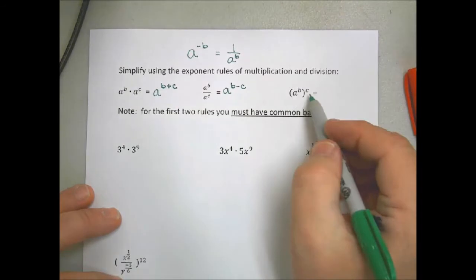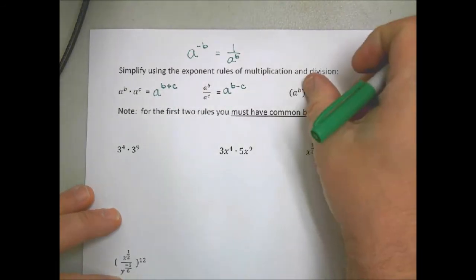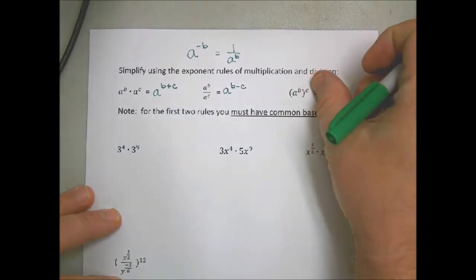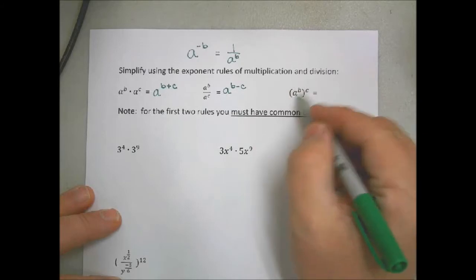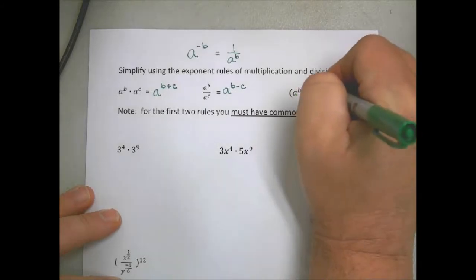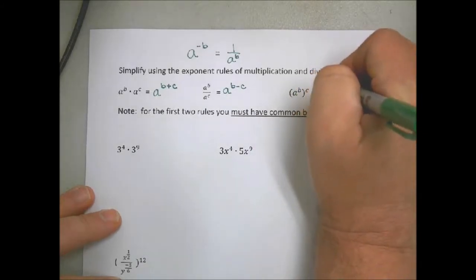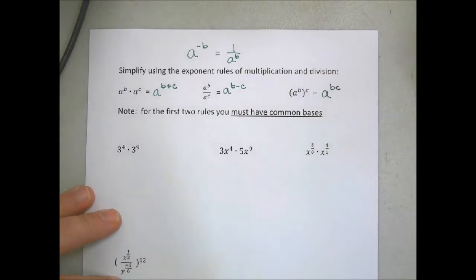And then this one is what I call the power to the power rule. When you have an exponential term, such as a raised to the b power, and then you raise it to another power, you end up multiplying those two powers. It would be a raised to the b times c power.